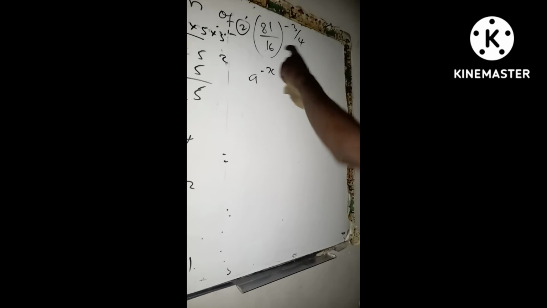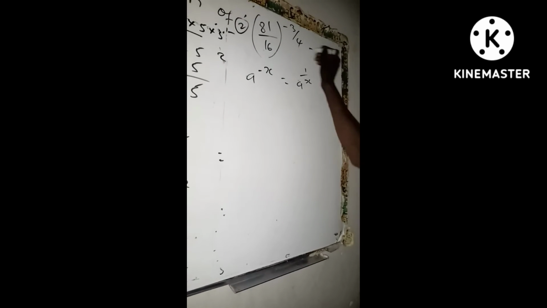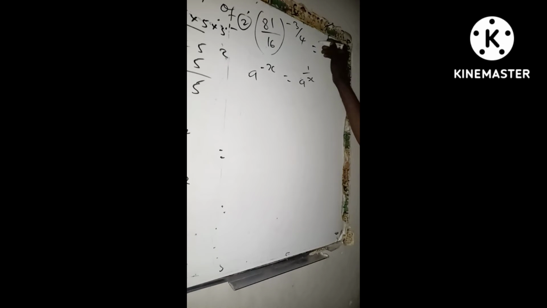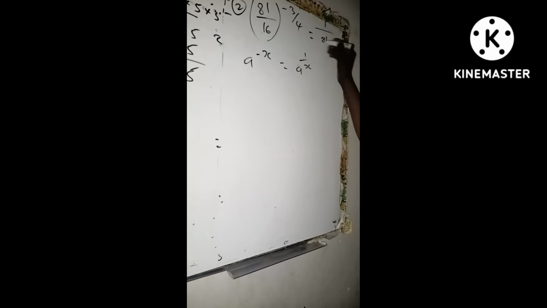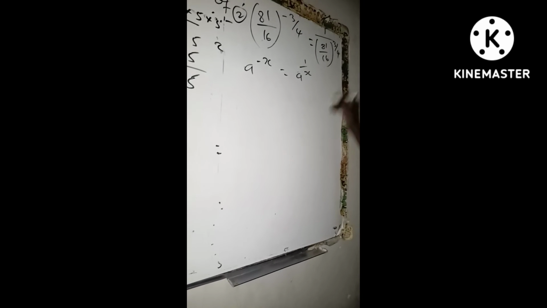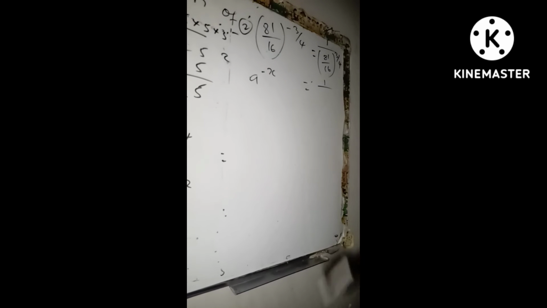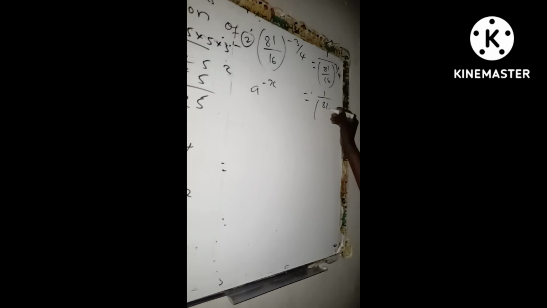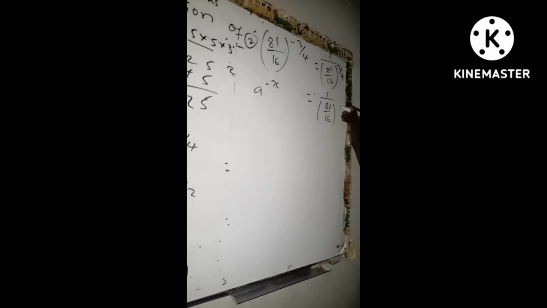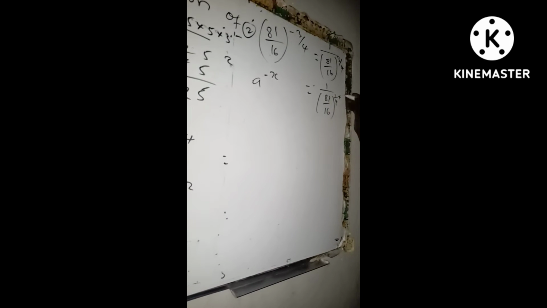If it is true, then we can transform this as 1 over 81 over 16 to the power of 3 over 4, which can be written as 1 over 81 over 16 to the power of 1 over 4 times 3.